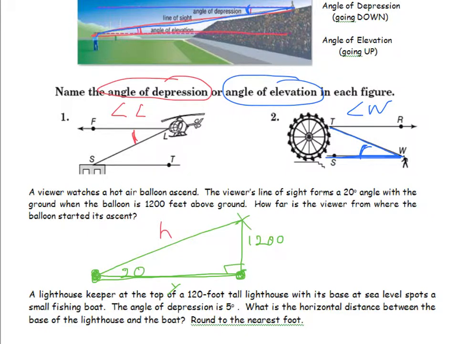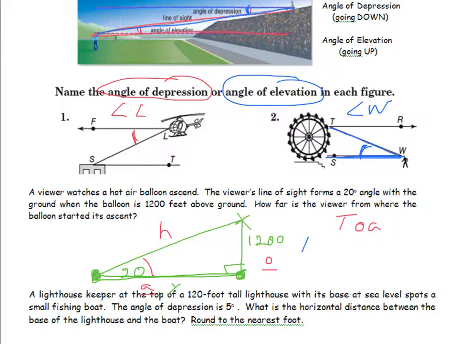This would be the hypotenuse in relationship to this angle. This would be the opposite side, and this would be the adjacent side. So which ratio uses the opposite and the adjacent side? In regards to SOHCAHTOA, that would be TOA, which is the tangent ratio.